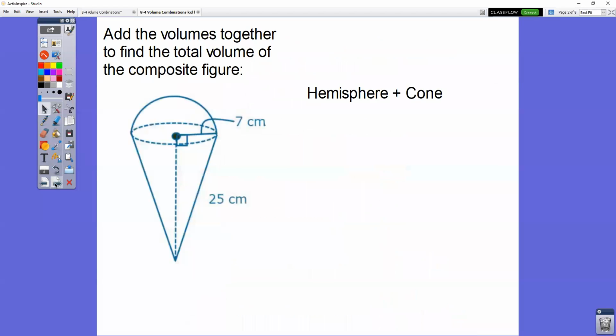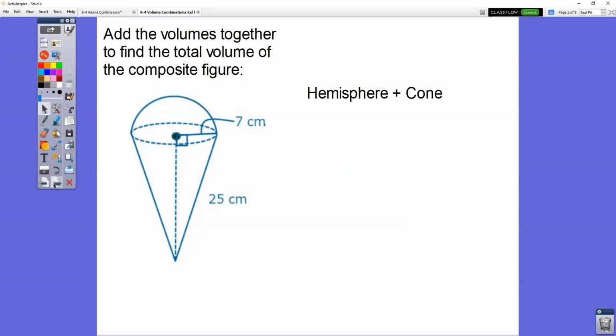So when we start looking at these, in this one, we have a hemisphere on top of a cone. My suggestion to you to make your life easier is write the formulas right underneath those first. It's very easy in this section because we have so many different letters and numbers in each calculation. It's very easy to accidentally skip over something.